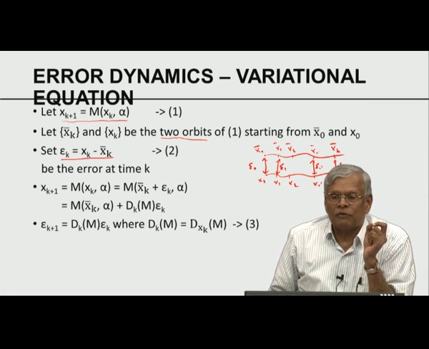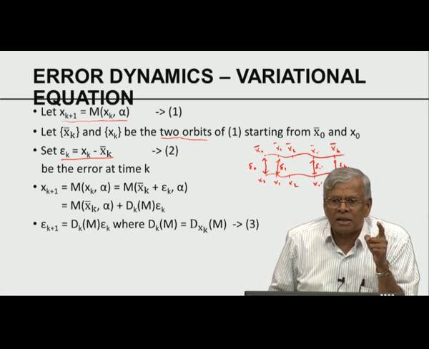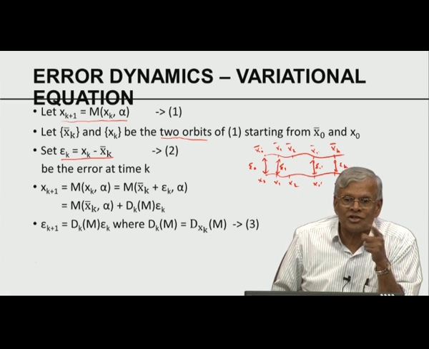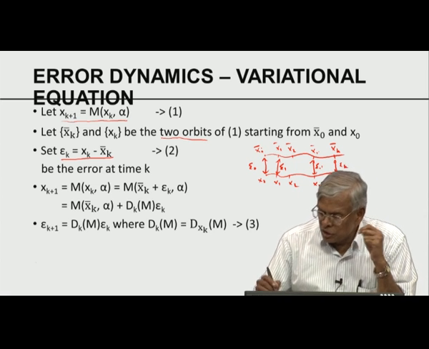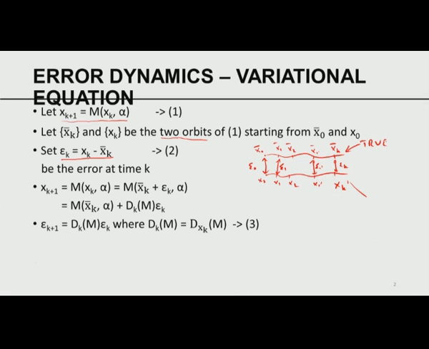So if I want to give some life to this trajectory, let x_0 bar be the true unknown initial state. So this could be the true trajectory, and this could be the predicted trajectory.